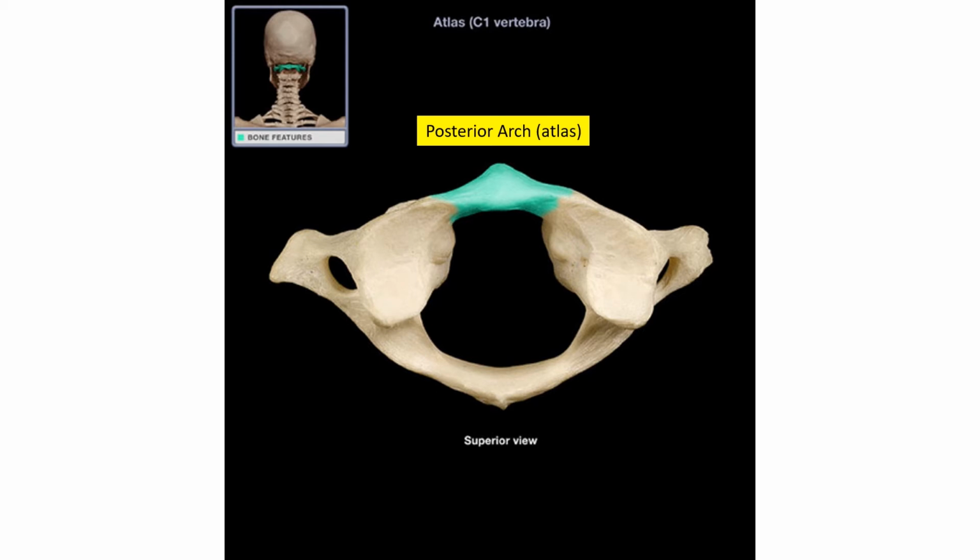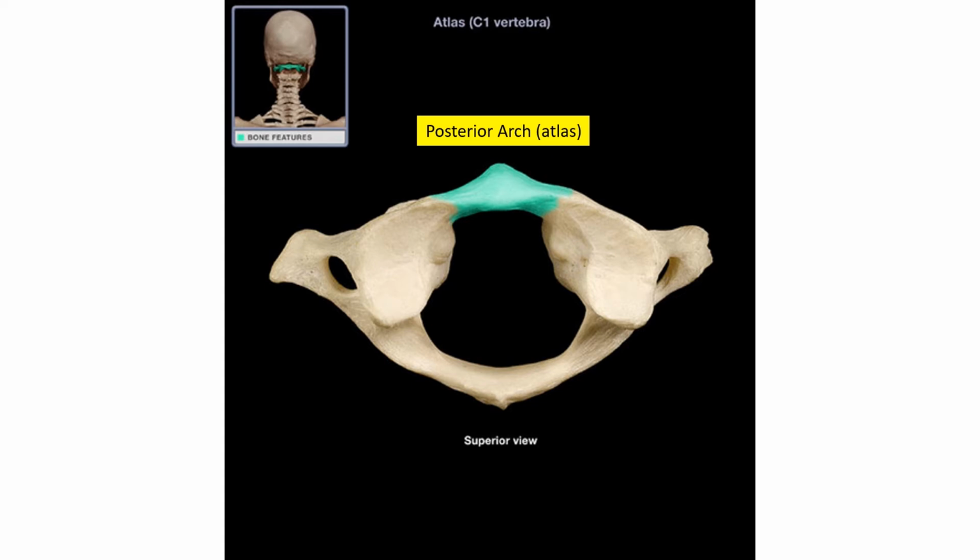Now, the atlas does not have all these features. The feature that we can recognize very easily is that the transverse process has a foramen. This is called the transverse foramen, and this makes this vertebra cervical for sure.